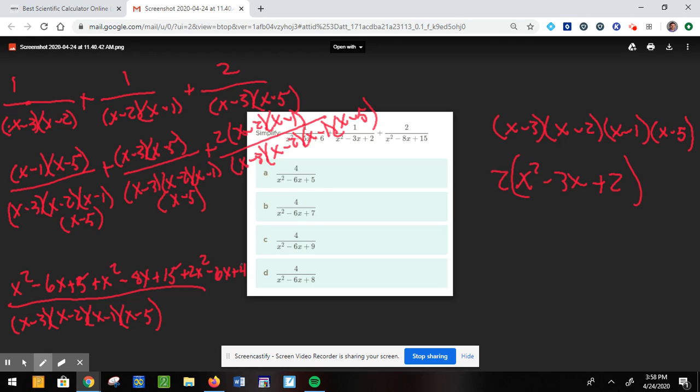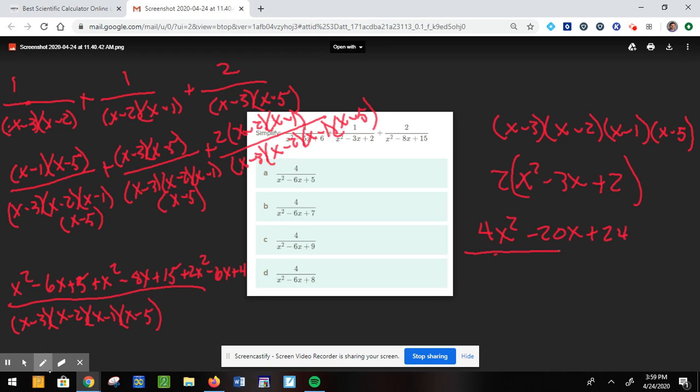Now you're going to take that and simplify the numerator. So add up all the like terms. X squared and 2x squared is 4x squared. Negative 6x and negative 8x is negative 14x, and negative 6x is negative 20x. And then 5, 15, and 4 would add up to 24.